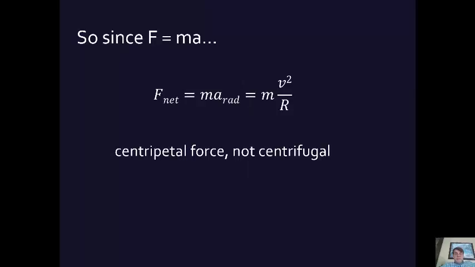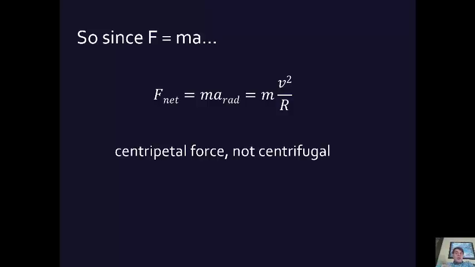So now, very straightforwardly, because F equals ma, Newton's second law, we can now say what the net force it takes is the centripetal force. Young and Freedman strongly discourage even using the word centrifugal force. What we call centrifugal force is not a force. It's simply an expression of Newton's first law.